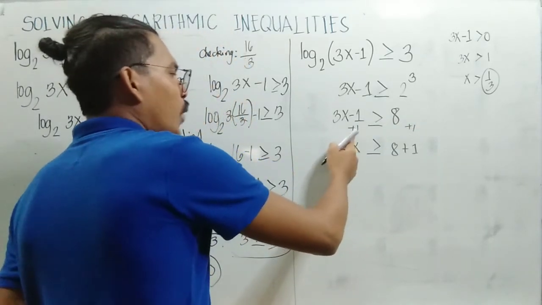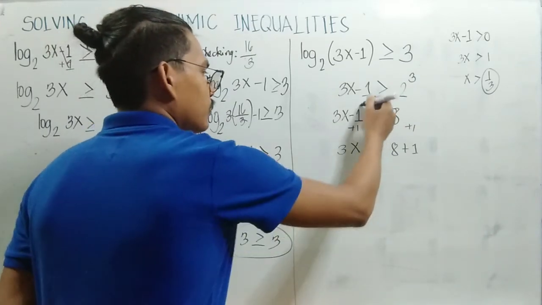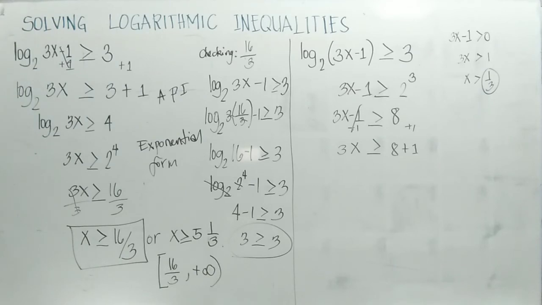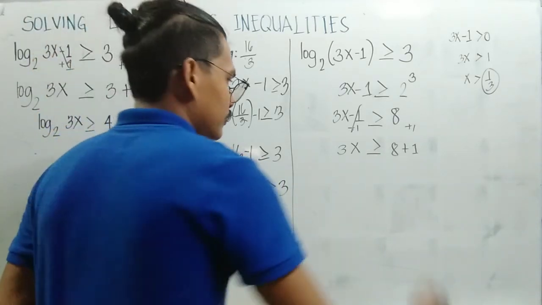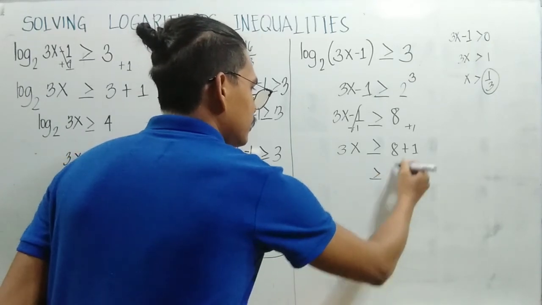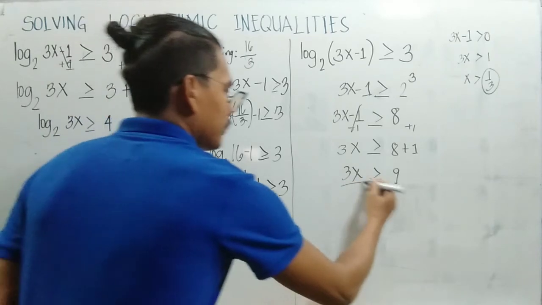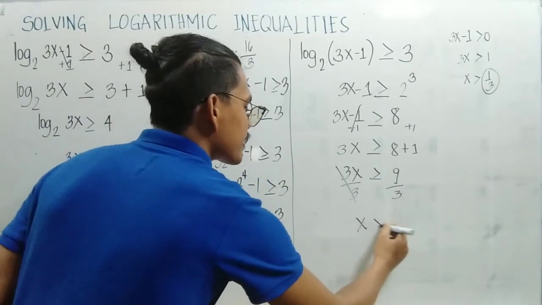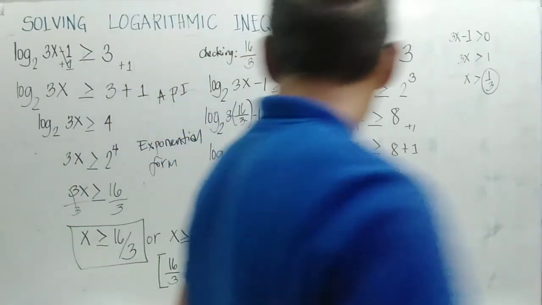Because we added 1 on one side, we should add 1 on the other side too. So we eliminate, then we have plus 1. So we have now 3x greater than or equal to 8 plus 1, which is 9. Then on the other side, we have 3x. Dividing both sides by 3, we have x is greater than or equal to 3.